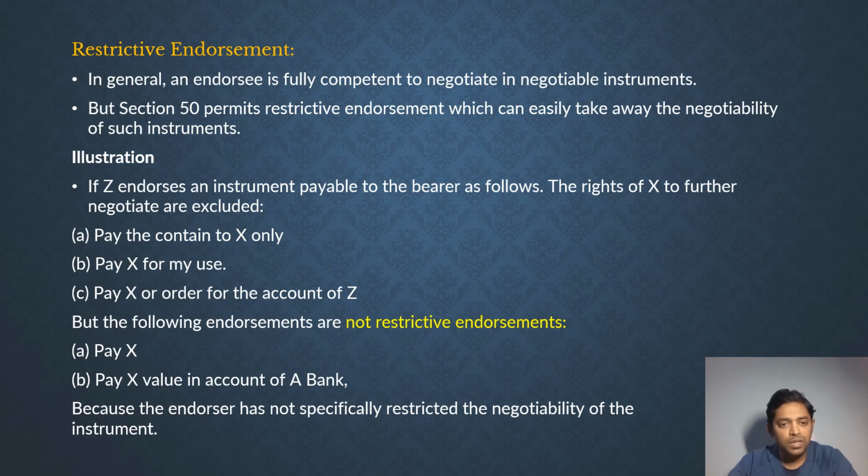That is, pay the contents to X only. Pay X for my use. Pay X or order for the account of Z. Like that. But the following endorsement is not a restrictive endorsement: pay X value in account of A bank, because the endorser has not specifically restricted the negotiability of the instrument.